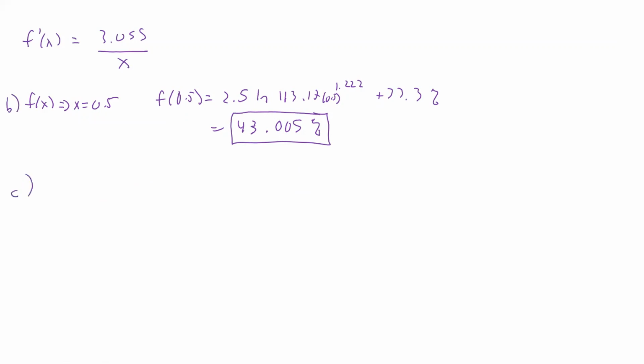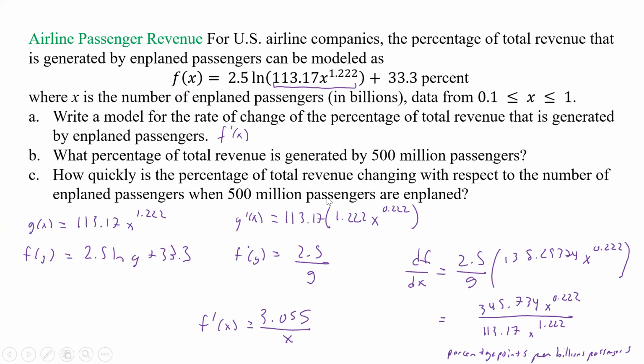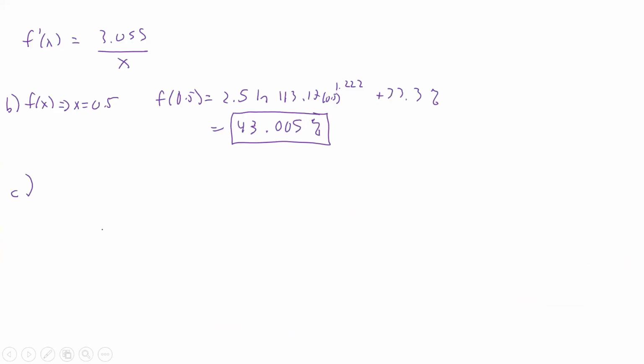And part C asks what is the rate of change. How quickly is the percentage changing? Now that gives us f prime of x, and we want x to be equal to 0.5. So f prime of 0.5 is equal to 3.055 divided by 0.5, and we get 6.11, and that's all it is.